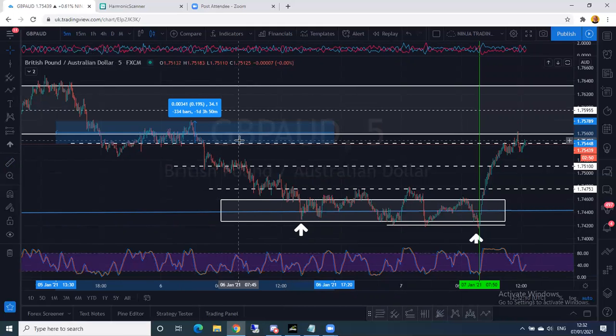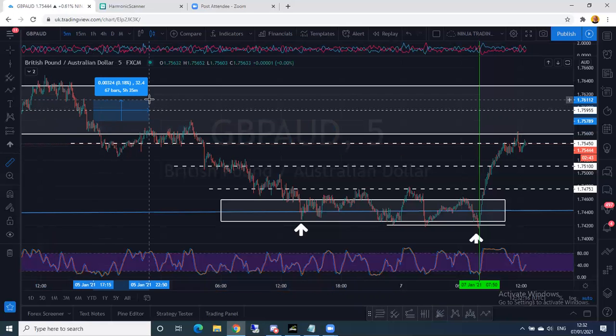So out of curiosity, actually, I'm just wondering what the next one will be from there. 34, 35, there we go again. We can see at that area there, price has come down, price has pushed up, and in fact on the left here as well.